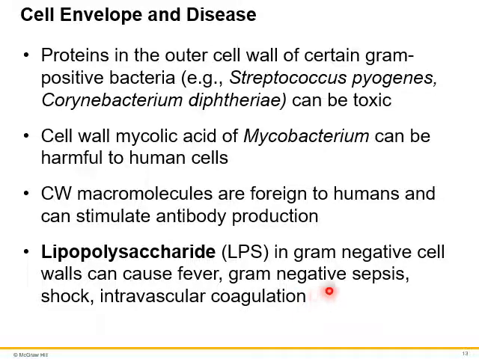Neisseria meningitidis has a gram-negative cell wall. And because of this, it causes sepsis and septic shock and intravascular coagulation. So you get purpura if you have a bloodstream infection with Neisseria meningitidis. They call that meningococcemia because emia means in the bloodstream.